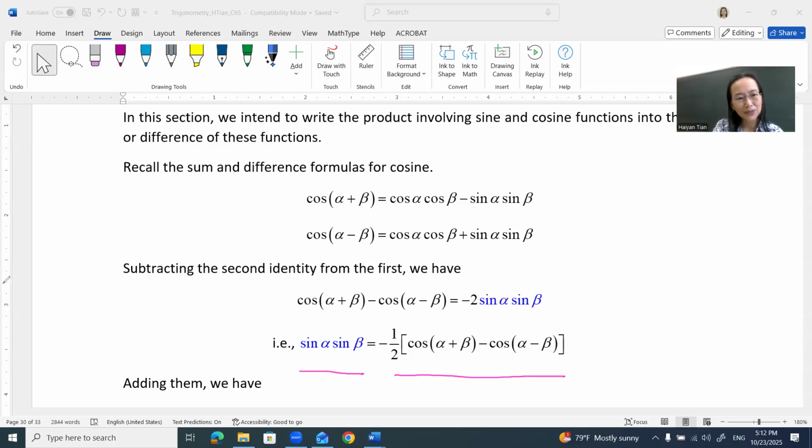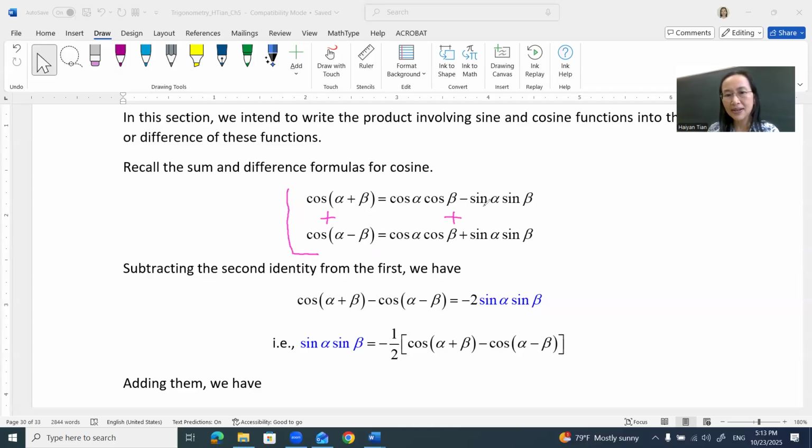Okay, now I want to get another product to sum formula. Again, what if we do addition of these two equations? The two equations, we add them. So the left-hand side will become cosine of alpha plus beta plus cosine of alpha minus beta.